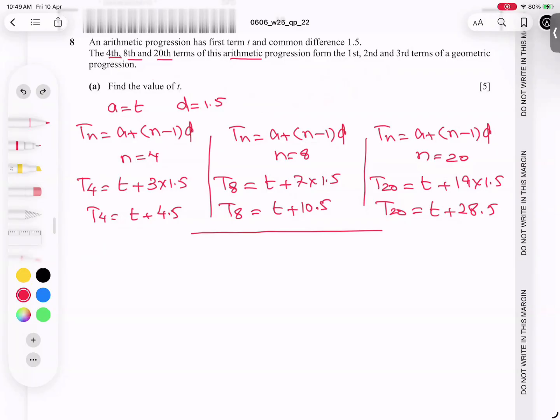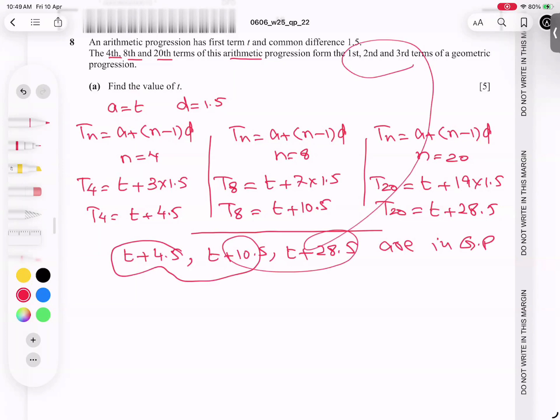So look, I'm writing now here t plus 4.5, comma, t plus 10.5, comma, t plus 28.5, in GP. Okay, and basically these are the first term, second term, and third term as given.